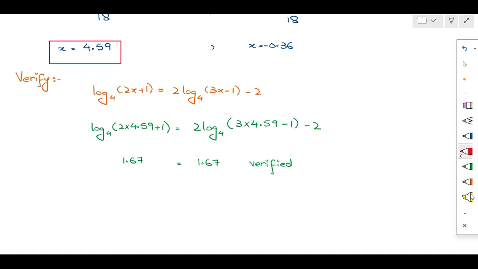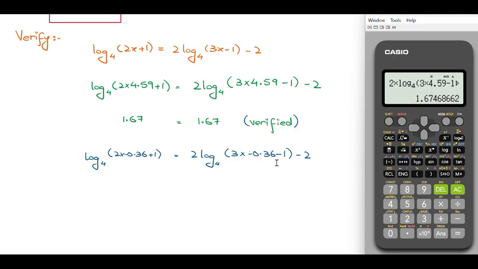Let me check the second one whether it is a solution or not. So what is the value at? Now verify log base 4 of 2 times minus 0.36 plus 1 is equal to 2 times log base 4 of 3 into negative 0.36 minus 1, negative 2. Log base 4 of 2 into minus 0.36 plus 1.